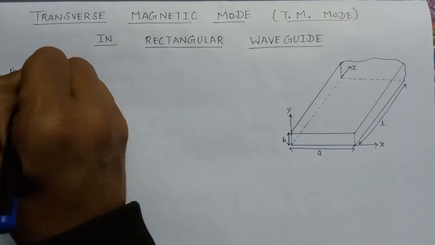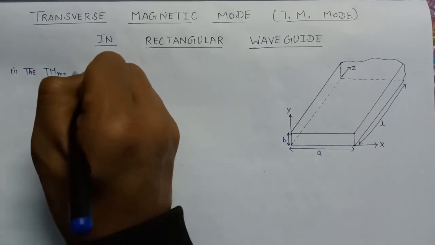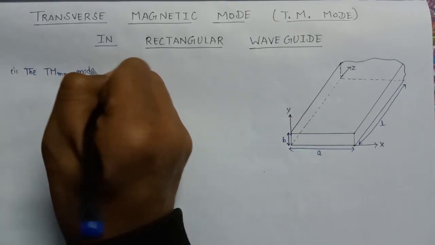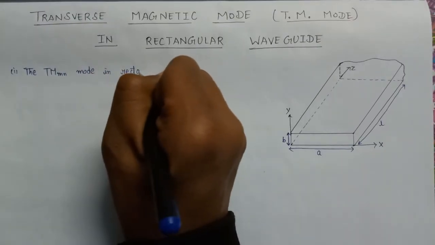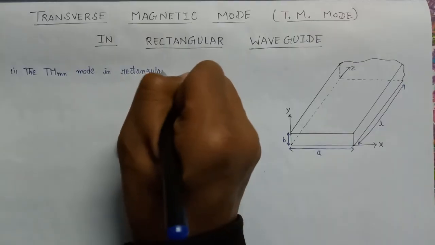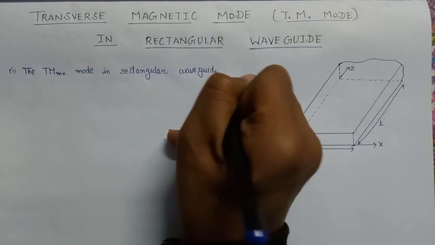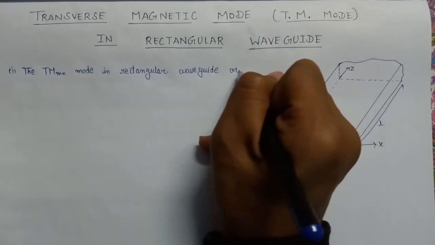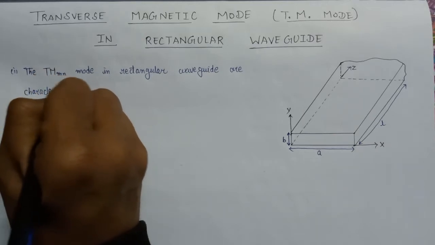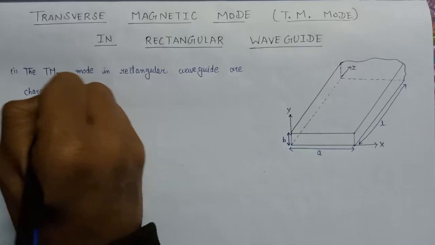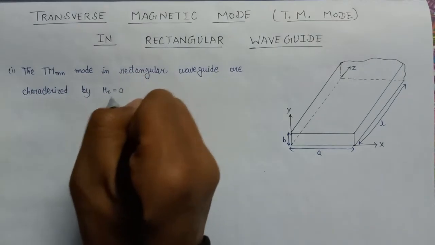So the TM modes in rectangular guide are characterized by Hz equals 0.